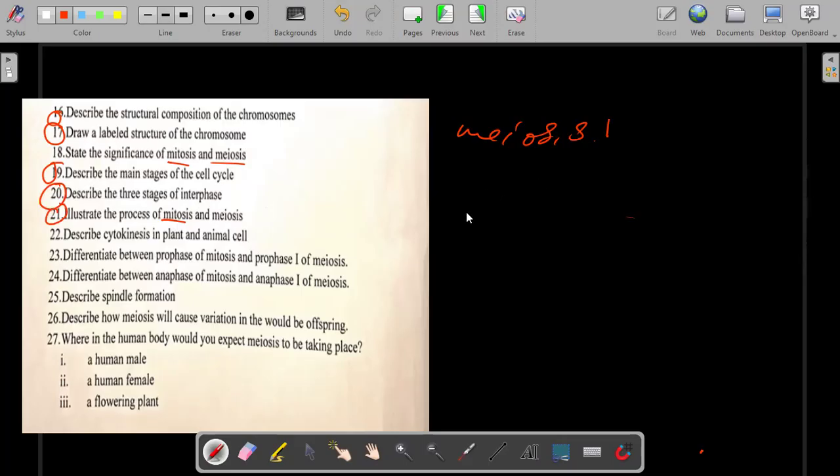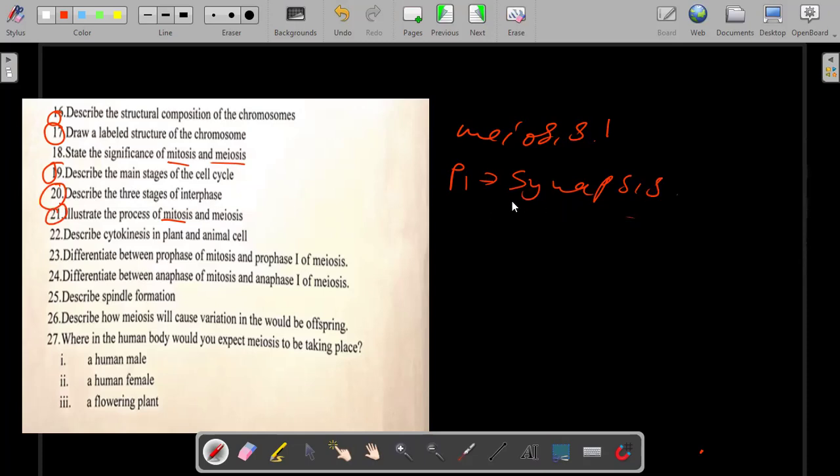For meiosis 1, you're going to have the same stages. You're going to have prophase 1, where you're going to see homologous chromosomes pairing. So there's pairing of homologous chromosomes, which is called synapsis.